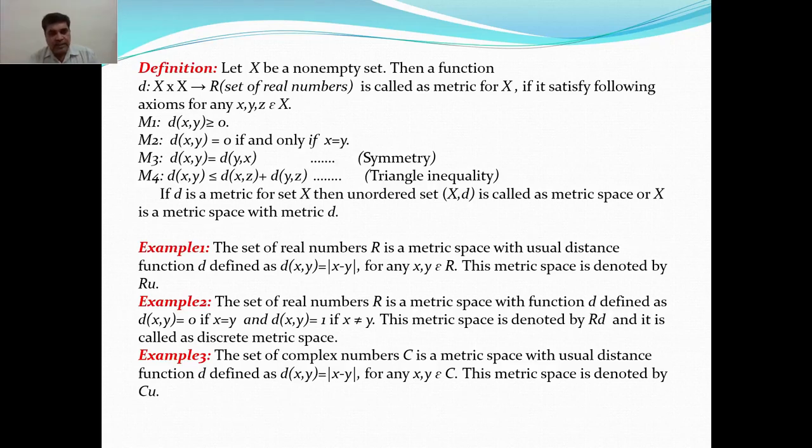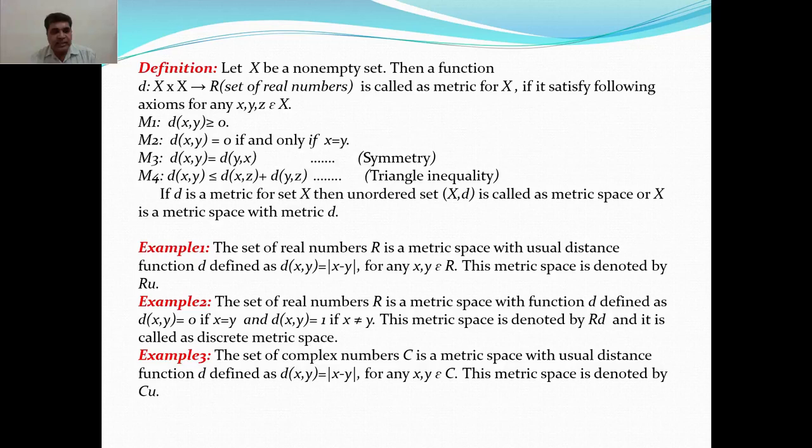On those sets, I can define other functions which are not the usual distance. For example, as shown in the slide, example number 2, if I consider the set of real numbers R and d is defined as d of xy is 0 if x is equal to y and d of xy is equal to 1 if x is not equal to y, then this function also satisfies all four conditions, so it becomes a metric space.